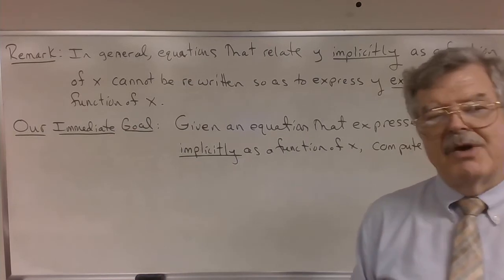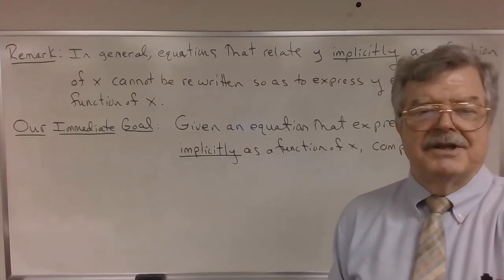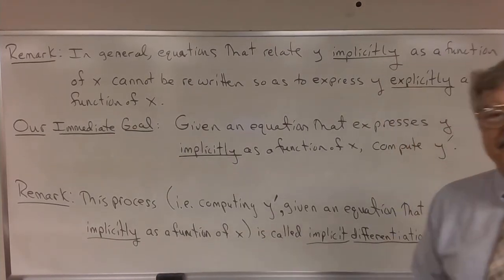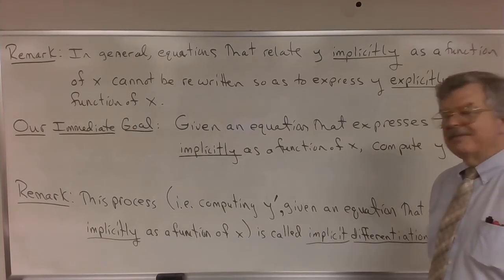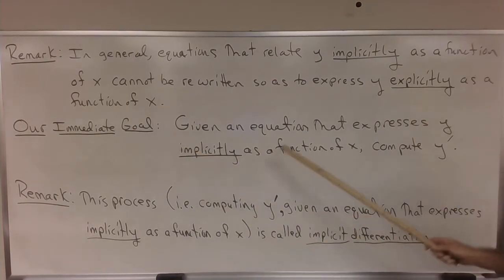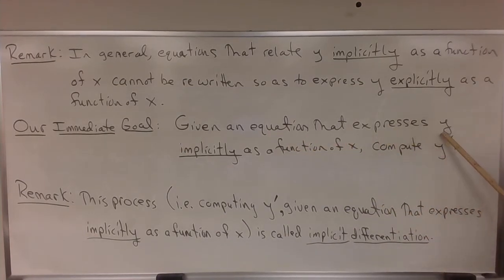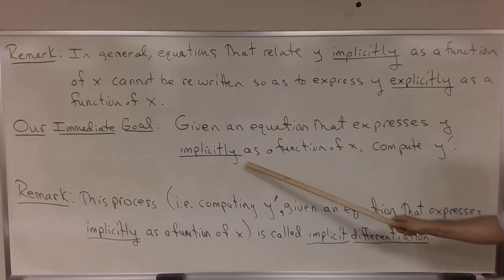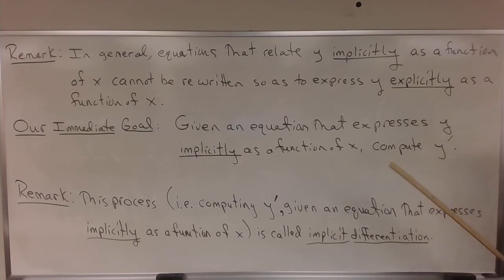And I'm going to throw out a little bit of terminology here. Remember what our immediate goal is. Given an equation that expresses y implicitly as a function of x, compute y prime. Boy, is that a tall order or what?